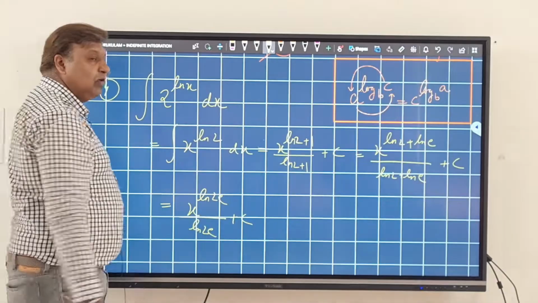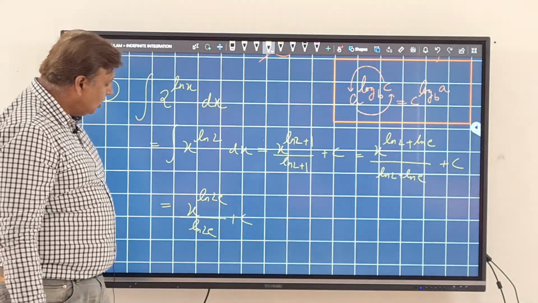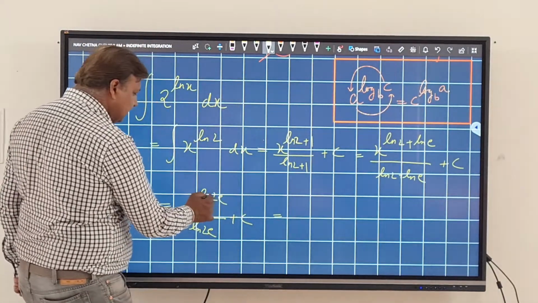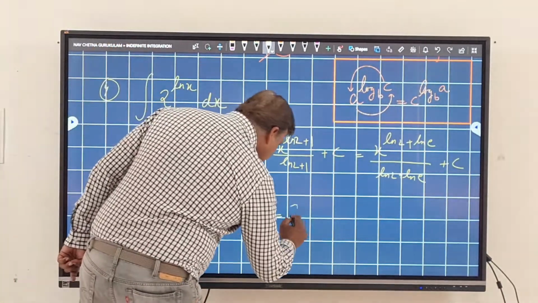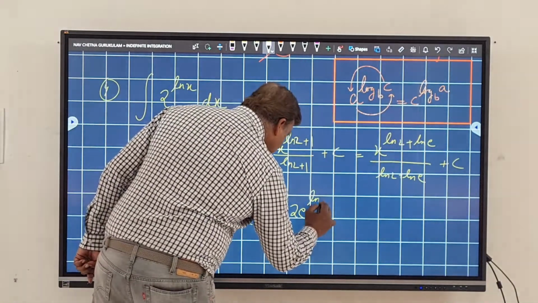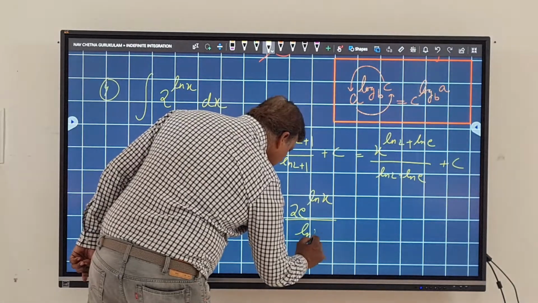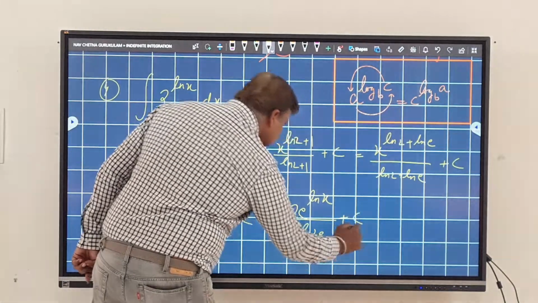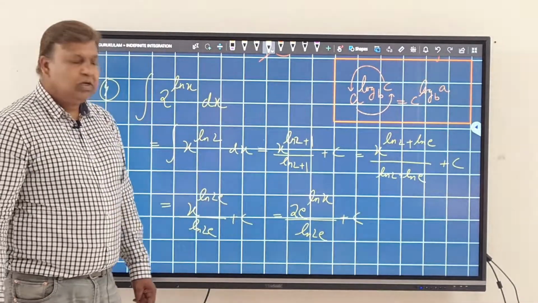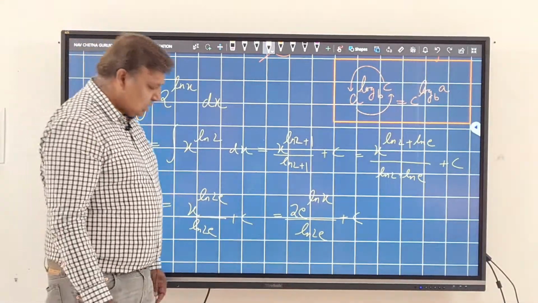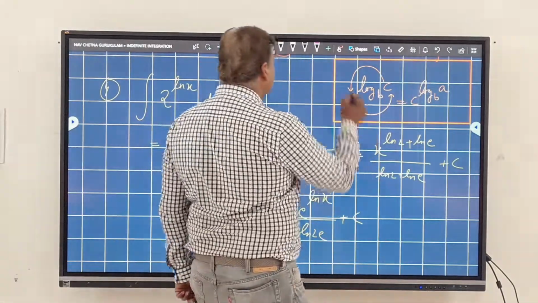This might match with one of the answers, or this may be written differently. Once again, 2e can be interchanged with x. You'll write 2e raised to power ln x upon ln 2e. So either of the answers can be there. It depends which one is given. So you should understand which law I used here. Power rule.